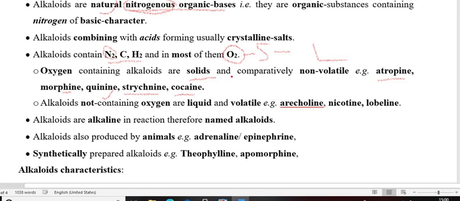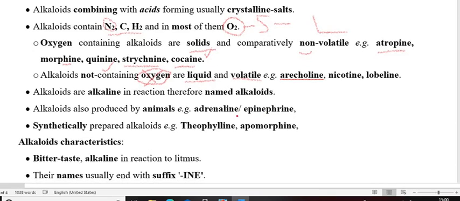So these solid alkaloids are very important alkaloids, and if they don't contain the oxygen, then the same alkaloid becomes liquid in nature, and if this is liquid, then the chance of volatility is more, so volatile as well as liquid, whereas the solid one is non-volatile.